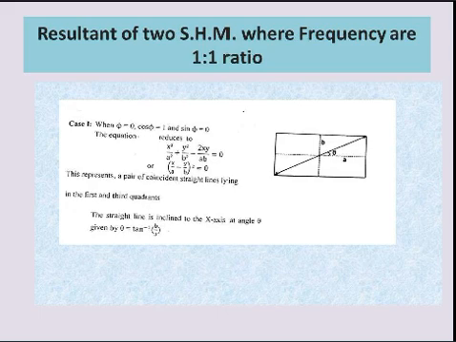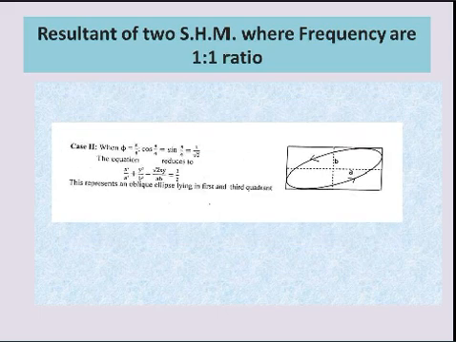It is a pair of coincident straight lines passing through the origin, and it passes through the first and third quadrant as you can see in the figure. Remember this: when phi is equal to 0, it represents a pair of coincident straight lines passing through the first and third quadrant, and also the angle is given by tan inverse b by a.